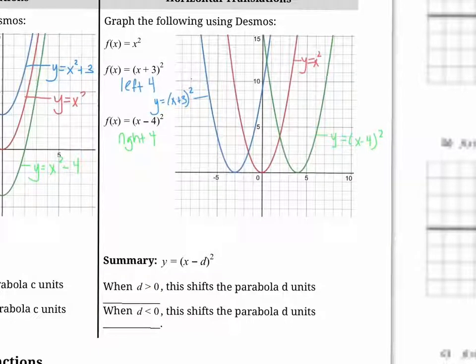So this gets a little bit confusing because d is defined as whatever is beside a negative sign. So here it's pretty easy to see that d is 4. D is 4 here, right? Because d is whatever's beside a negative, so d is 4. Here d is not beside a negative sign.